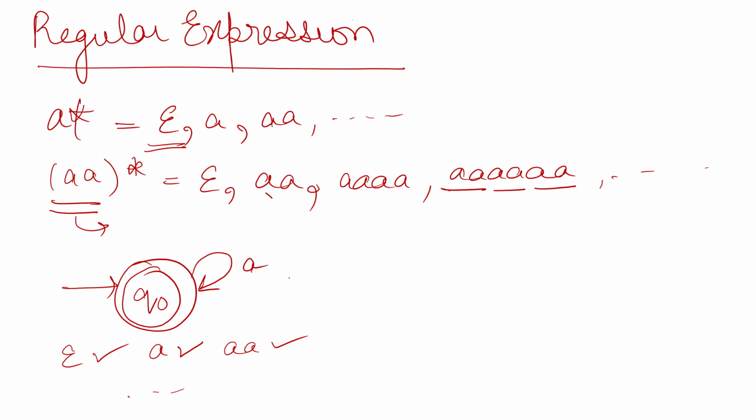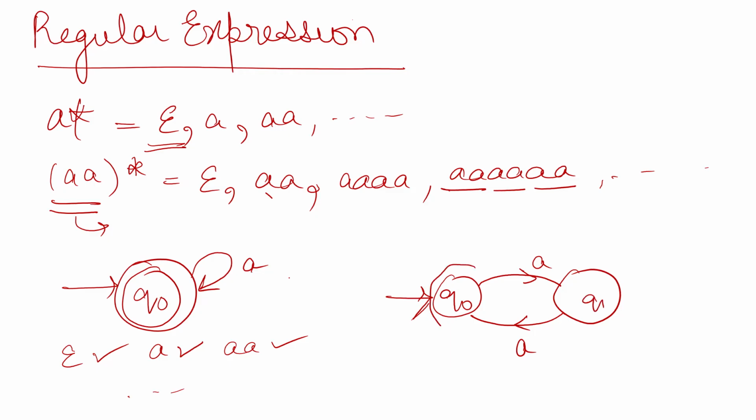Now when we have AA asterisk, that means only if our A occurs in multiple of 2 or an empty string, it will be accepted. So here, first A goes on the next state, then it comes back on the same state. So Q0, Q1. It should be accepted only when either it's an empty string, epsilon. You start here, you end here. Or when you have a single A, you move here. When you have the second A, you move here. And this is our automata. So let's erase this to avoid any confusion. So this will be a final automata.